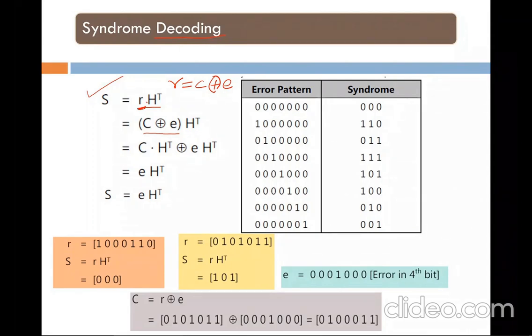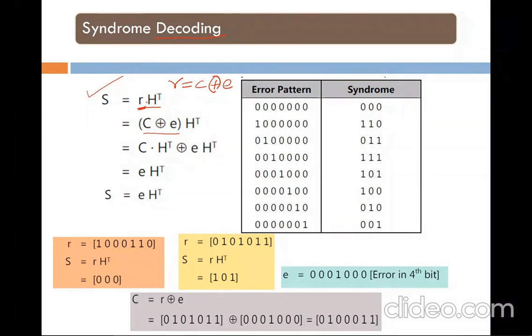Multiplication of the received code word with the parity check matrix transpose is done for getting the syndrome. Since the received code word is the erroneous version of the transmitted code word, we write it as C XOR E. So in the second line, R is replaced by C XOR E into H transpose.